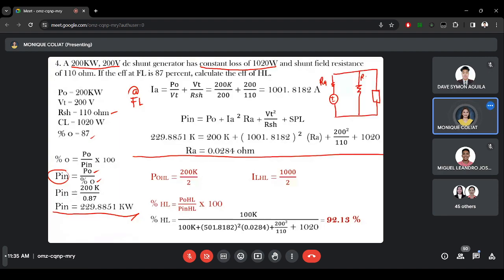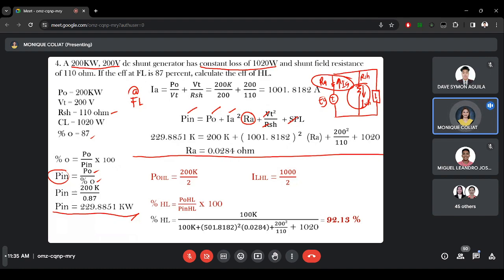Okay, you always need an RA, the armature resistance. Always. So if it is not given, then automatically you need to get that RA. Okay, so PIN is 229.8851 kilowatts equals 200 kilowatts plus yung ating IA. So, ano ba si IA?